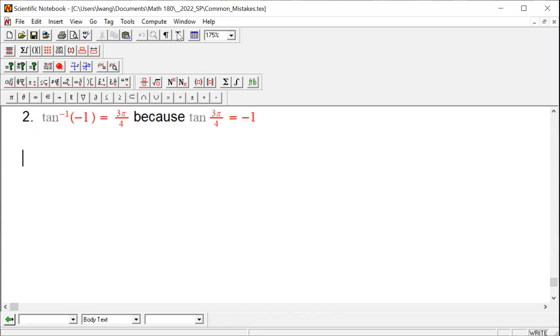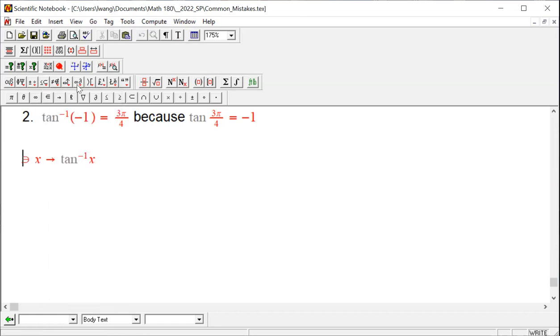Well, the arctangent function has a domain and range. The domain is all real numbers: the input is a ratio, and the ratio can be any real number.